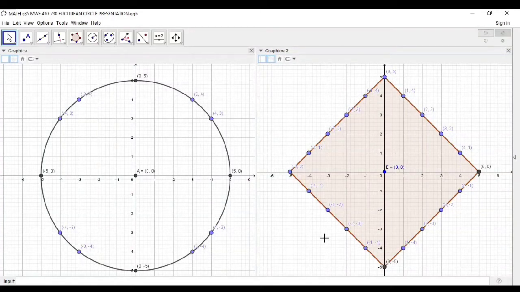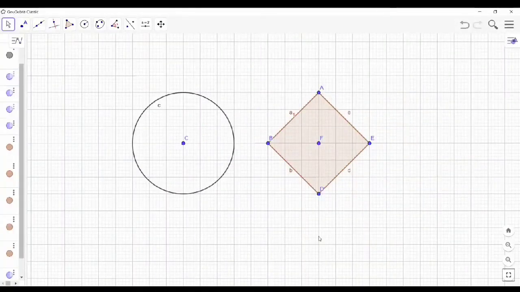In taxicab geometry, the distance is measured as a taxicab would drive, and the lattice points are shown here in this second figure. Here you see two drawings.